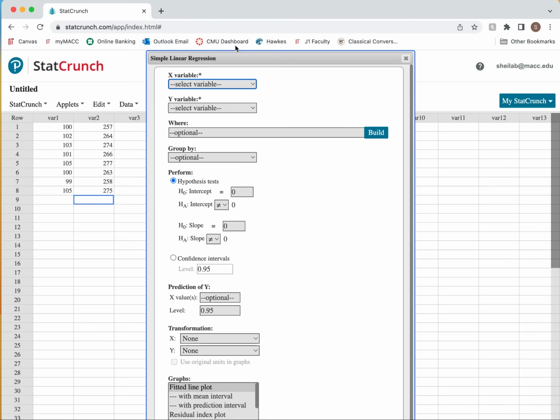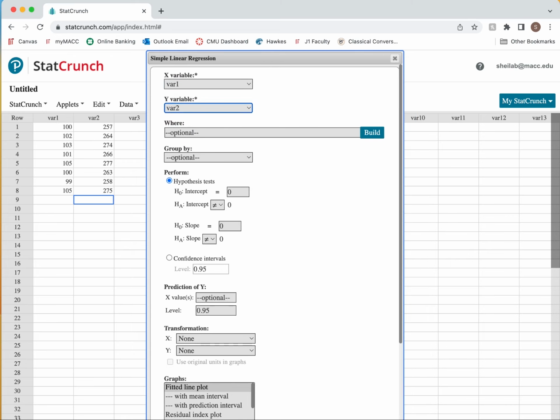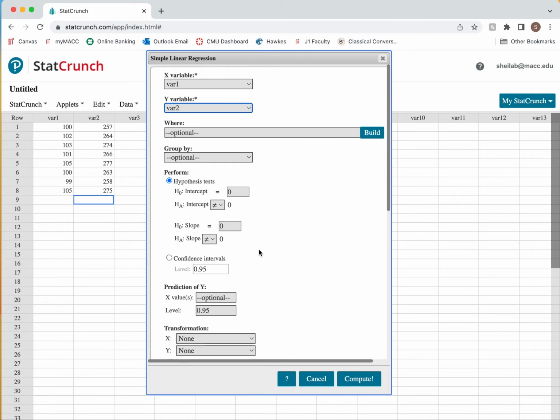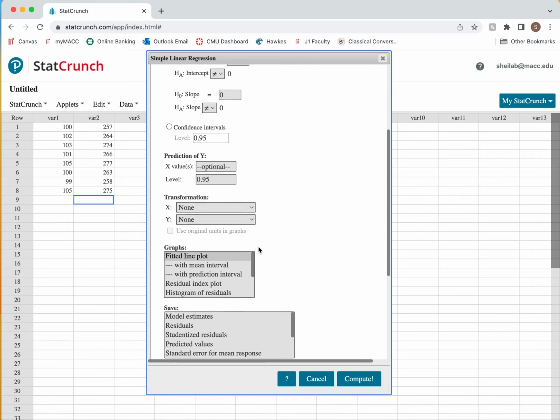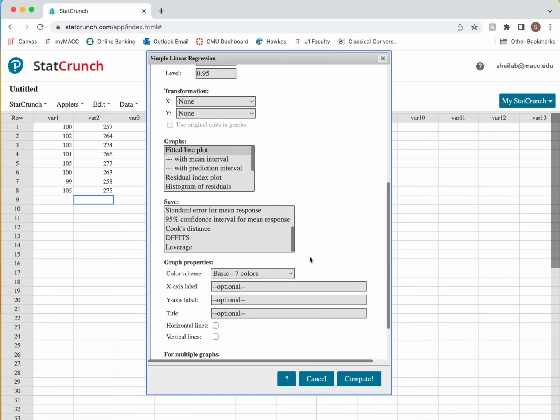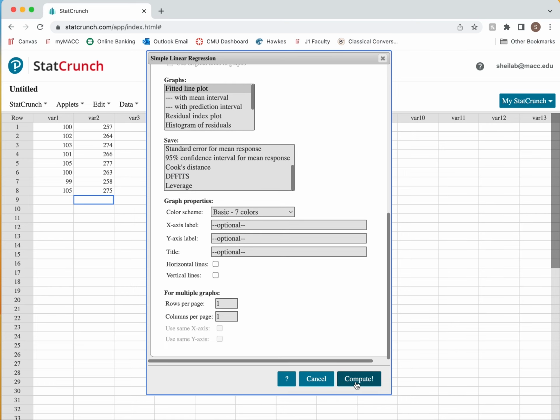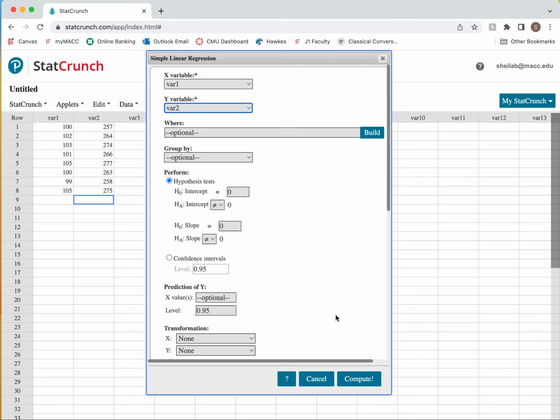As we're going through this, your X variable is var1, because I didn't change the names, it just says var1. And then this is var2. Let me scoot this up here a little bit so you can see it better. I didn't realize it was off my screen. You don't have to mess with anything else; all these options are for other things.